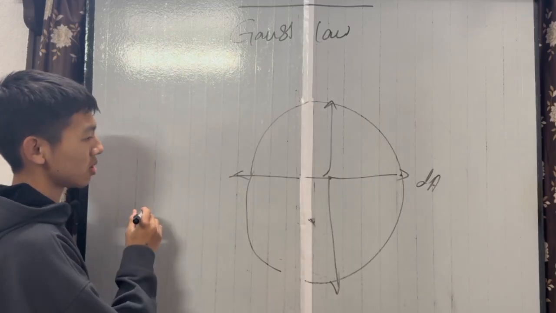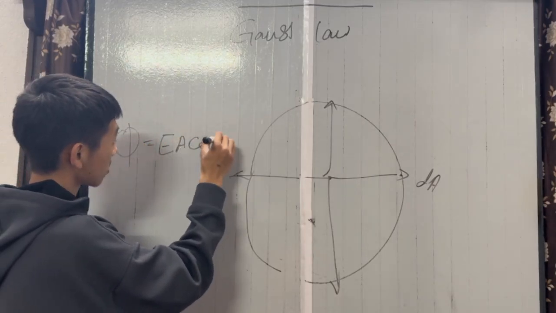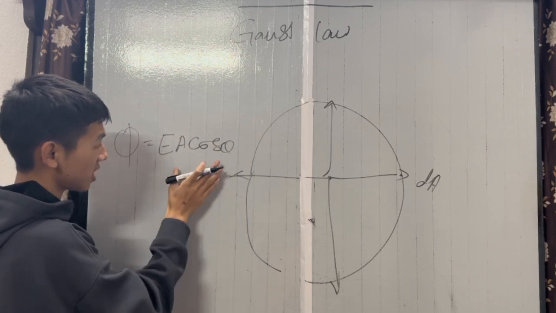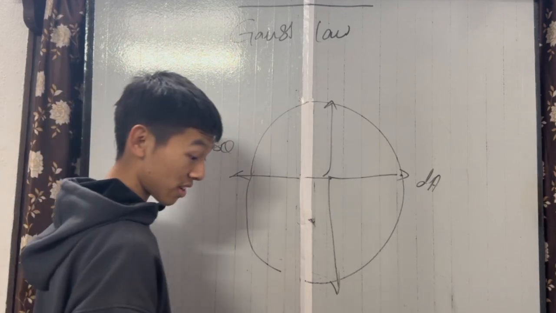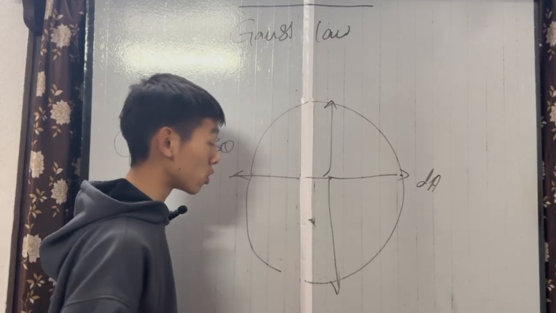Flux through a given area is EA cos theta. We're trying to find the flux within an enclosed surface. Gauss law applies only on an enclosed surface.